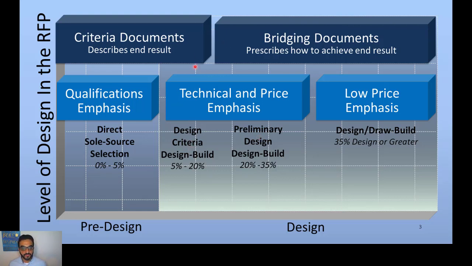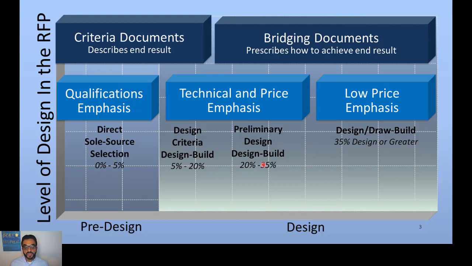So this is if you are still on the criteria documents side of how you communicate the project requirements. Or if you start sketching things and you now have bridging documents, this is called preliminary design-build. So you're getting into a design-build commitment based on some preliminary design.